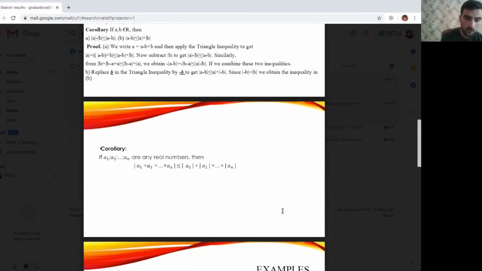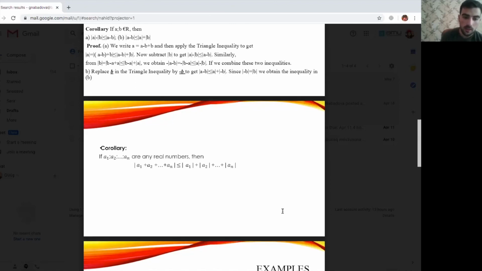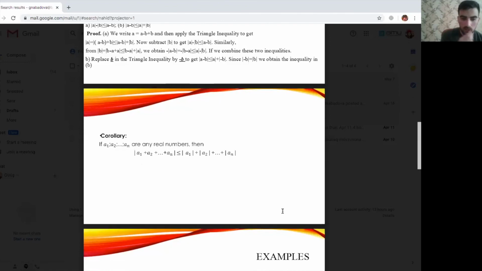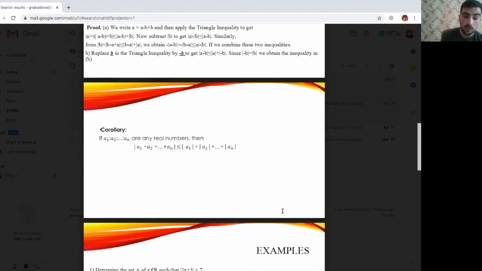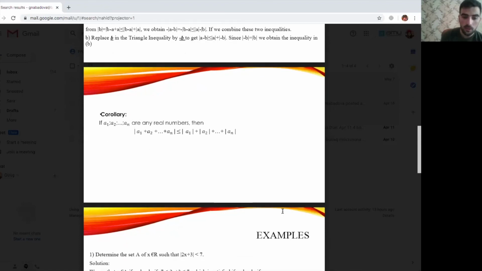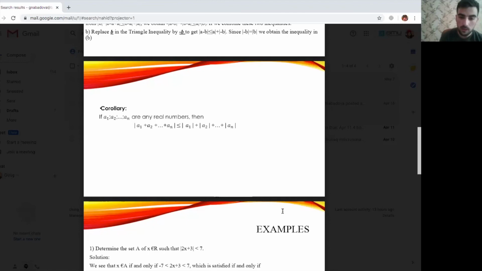Corollary: if A1, A2, up to AN are any real numbers, then |A1 + A2 + ... + AN| is less than or equal to |A1| + |A2| + ... + |AN|.